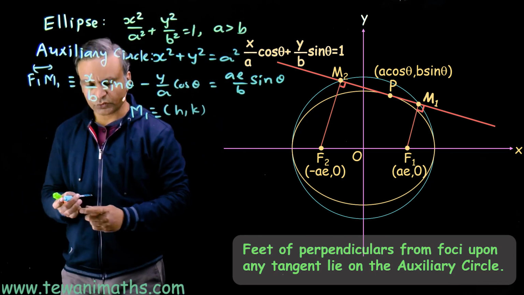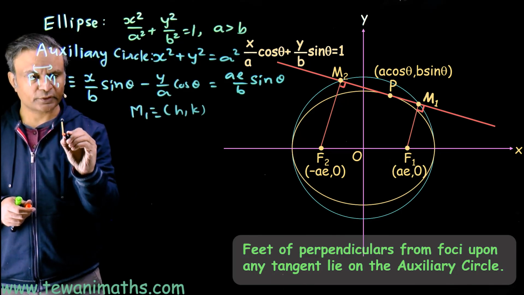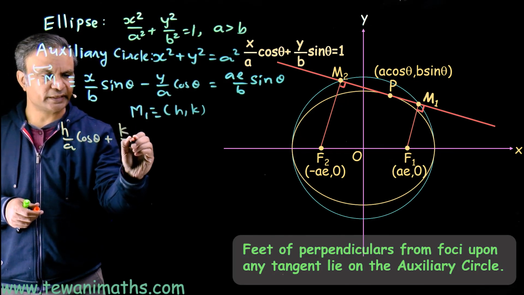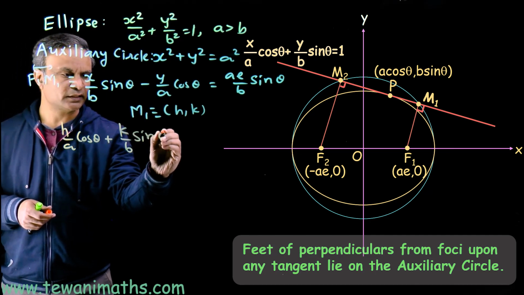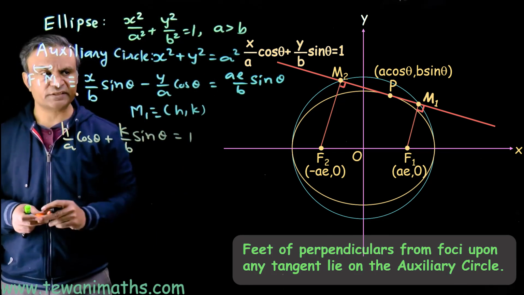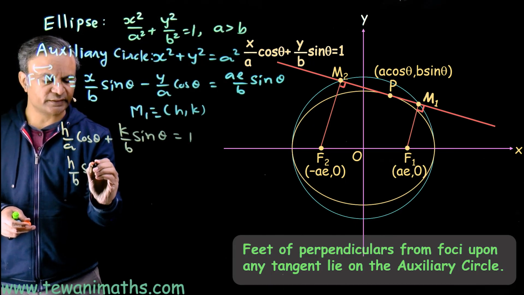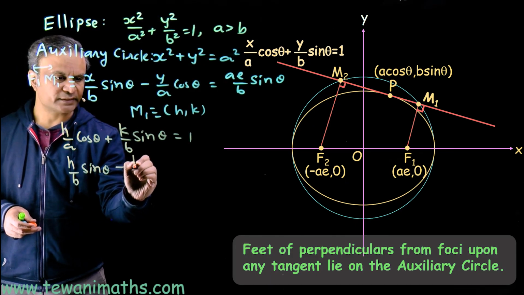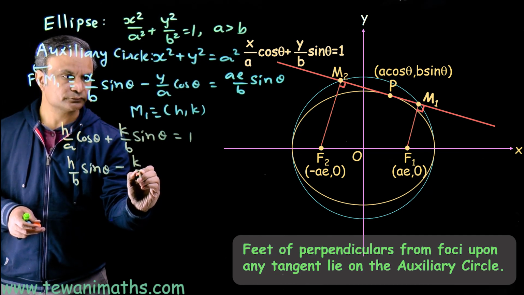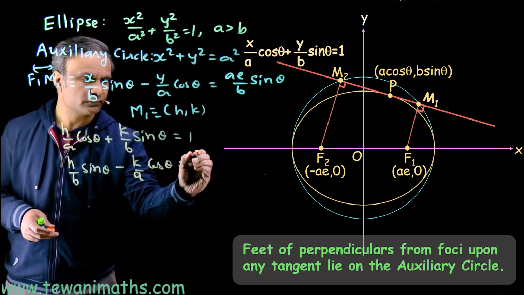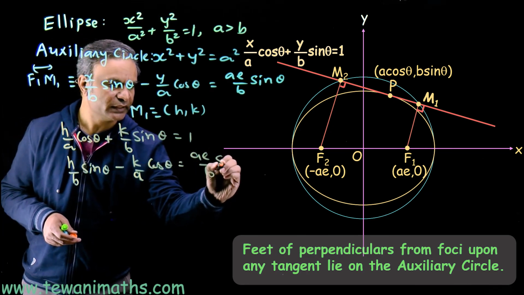So we get h upon a cos theta plus k upon b sin theta is equal to 1 using equation of tangent, and from this equation we get h upon b sin theta minus k upon a cos theta is equal to a upon b sin theta.